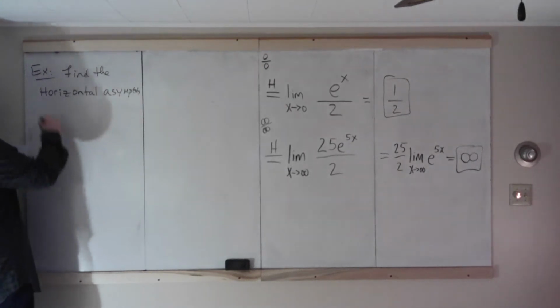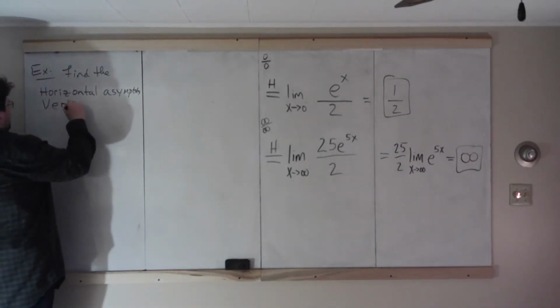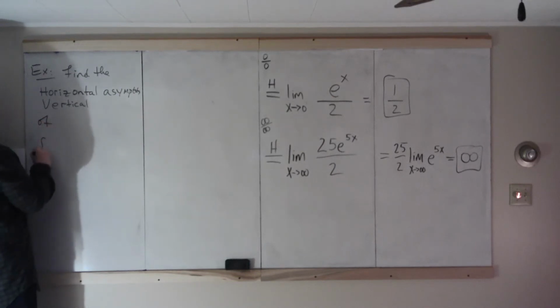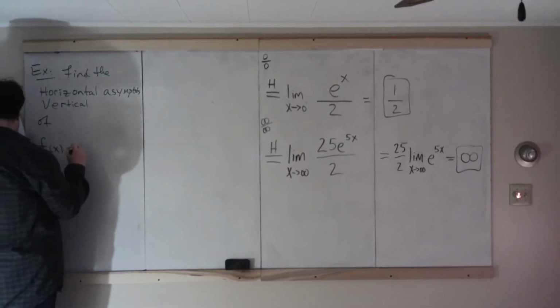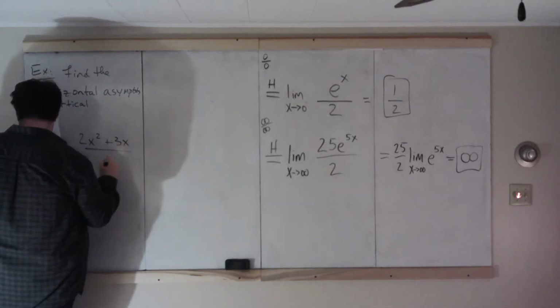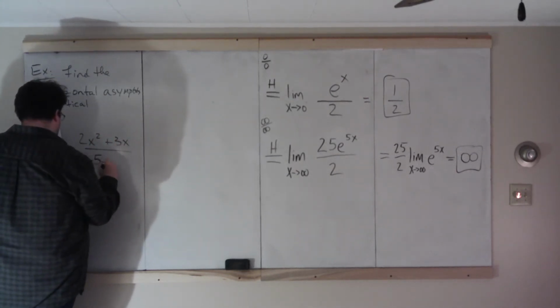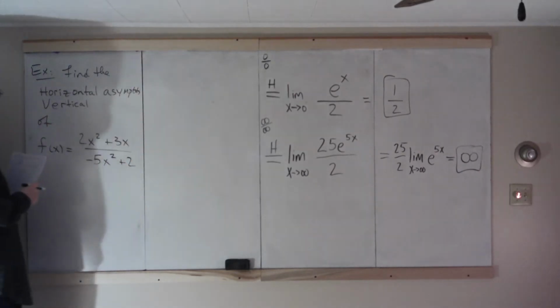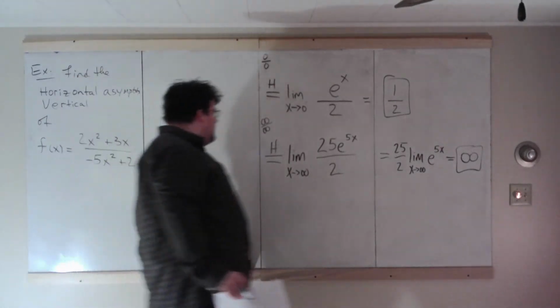Let's also find the vertical asymptotes. That's easy enough. Find the horizontal and vertical asymptotes of this function.